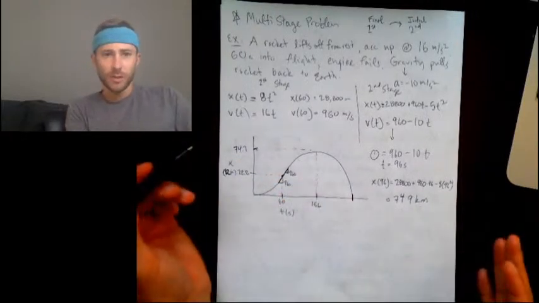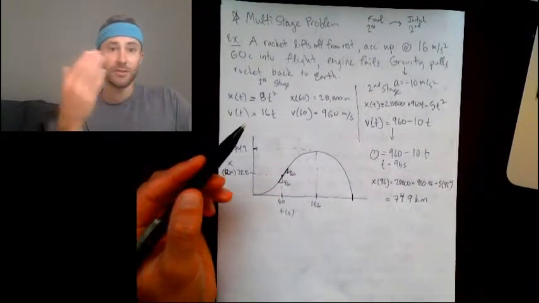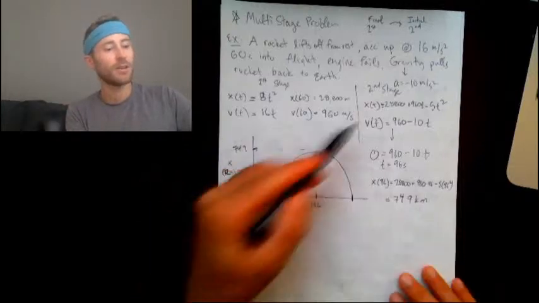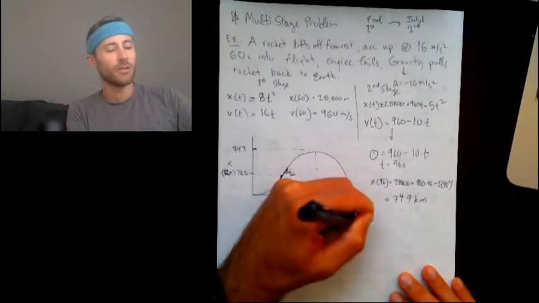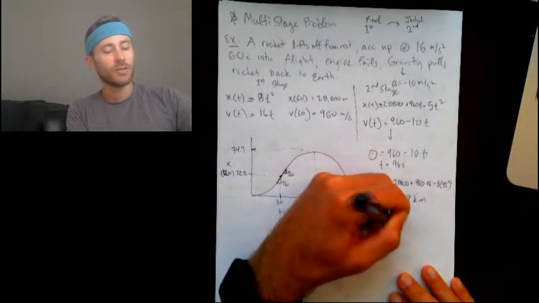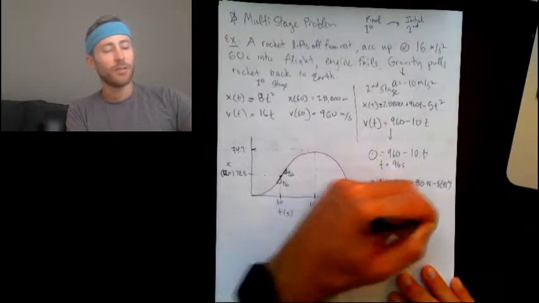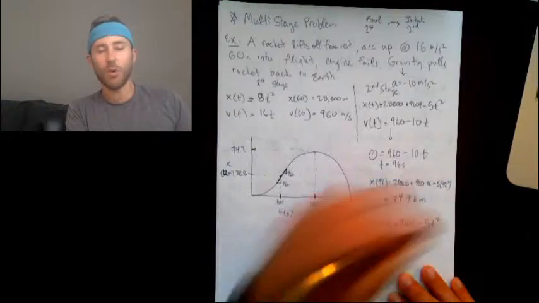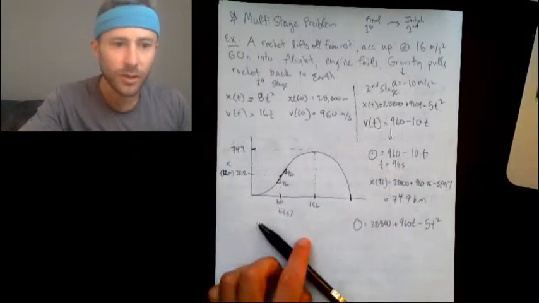If I want to know when it hits the ground, well, the position is 0. So I could say 0 equals 28,800 plus 960t minus 5t squared. That's a quadratic equation.